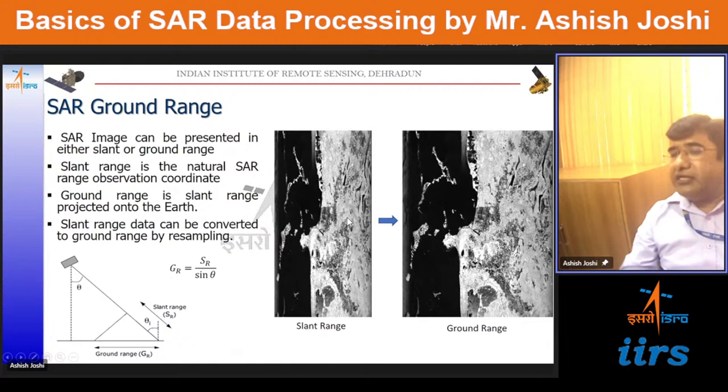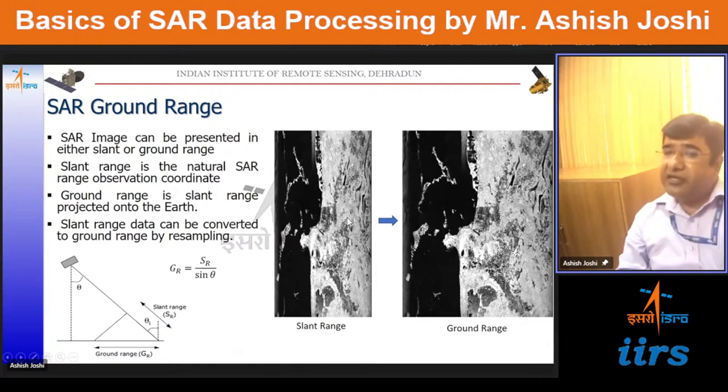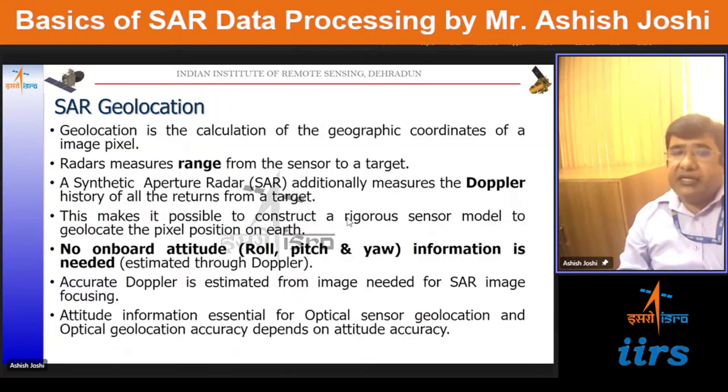To use this data and compare it with other satellite products, like optical, hyperspectral or multispectral data, or to use it in a GIS environment, we have to have geographical information, the geographical lat long. In SAR or optical, we don't directly get lat long information for any pixel. So geolocation is the calculation of the geographical coordinates of the image pixel.